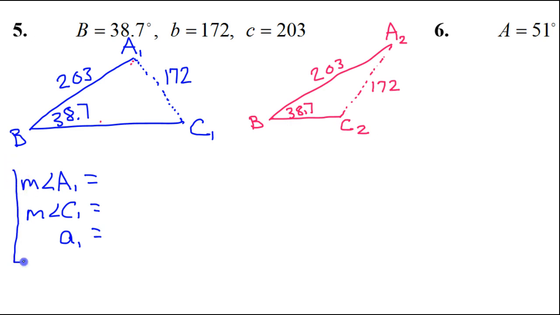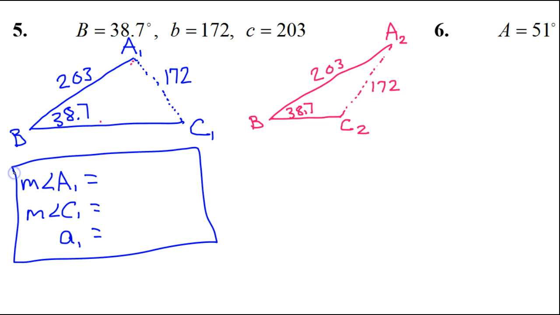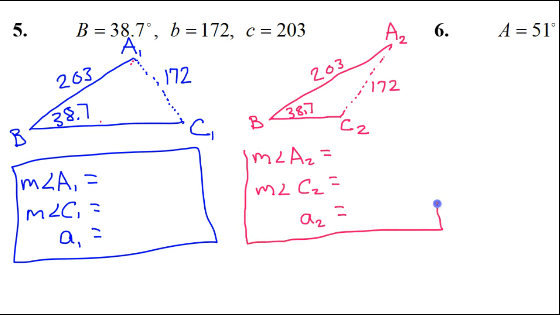Once we find these three values, we will have solved the blue triangle, triangle number 1. And similarly, for the red triangle, we will need to find the measure of angle A2 and the measure of angle C2 and side A2. Once we find these three quantities, we will have solved the red triangle.